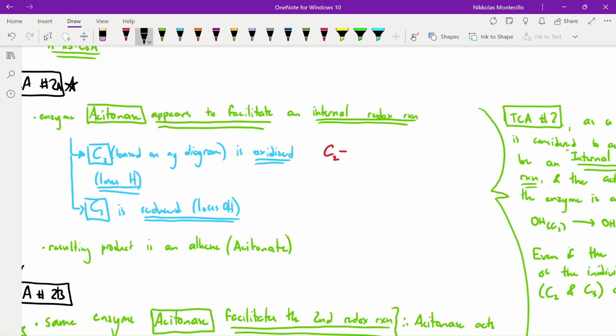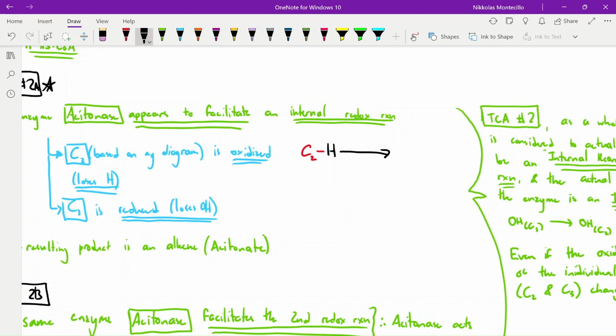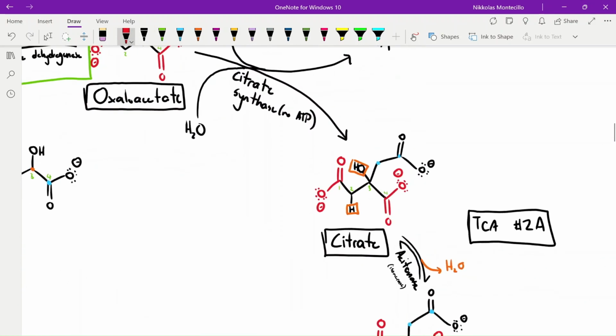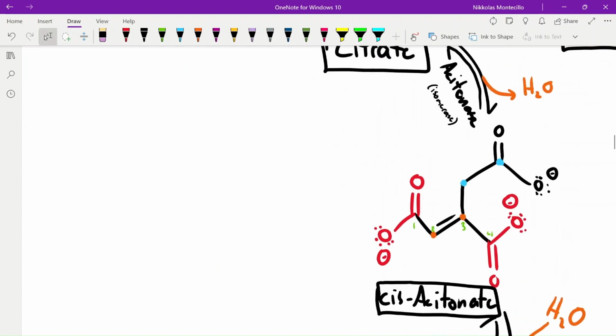C2 has full ownership of the electrons with H, right? So when C2 loses that bond with H, it forms a double bond with the other carbon, so the electrons here are equally shared. If I refer back to the diagram, in cis-aconitate between carbon 2 and 3, there's a double bond right here.